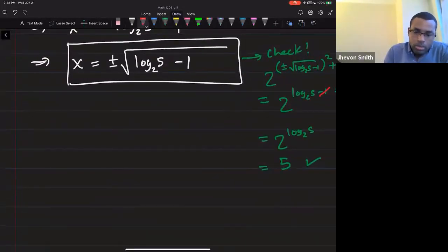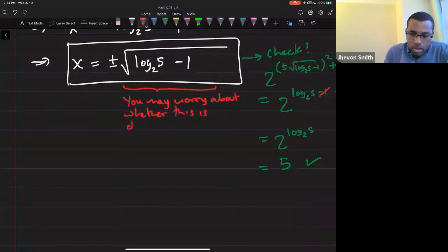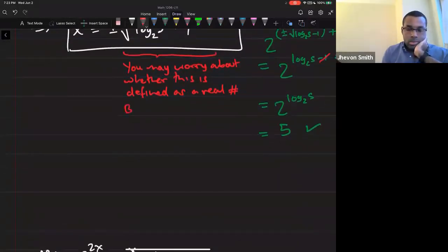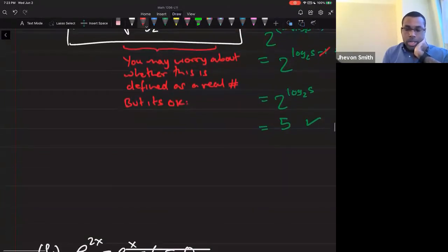Also, you may worry about whether this is defined as a real number. Right, because we know we can't take the square roots of negatives and get a real number, and we don't deal with complex numbers in this class. But it's okay, because we know that logs increase.